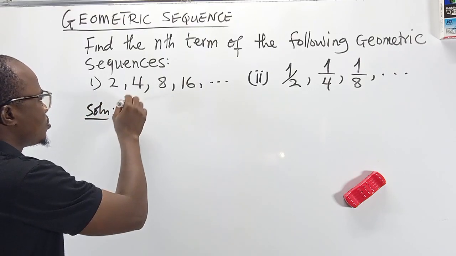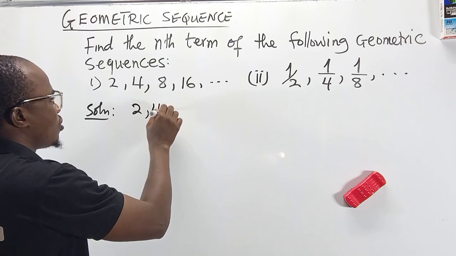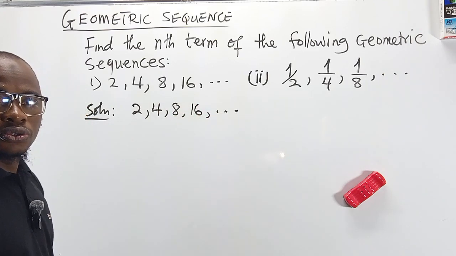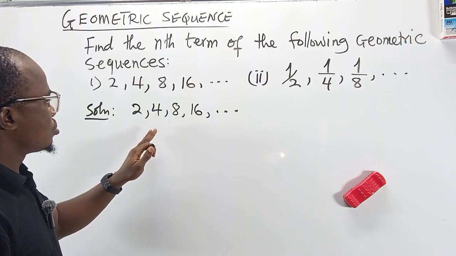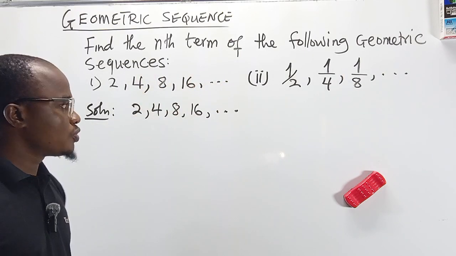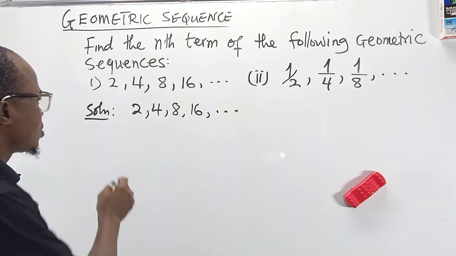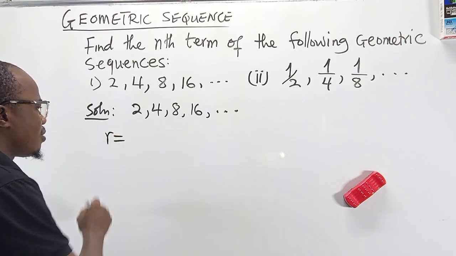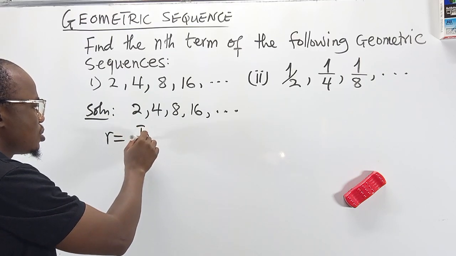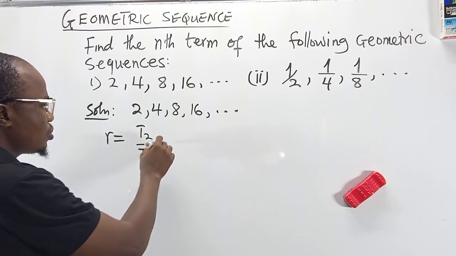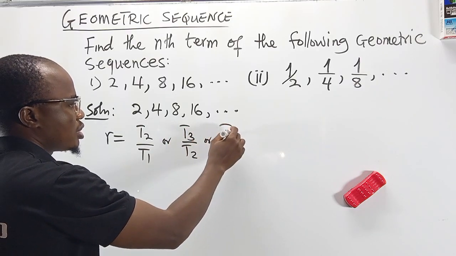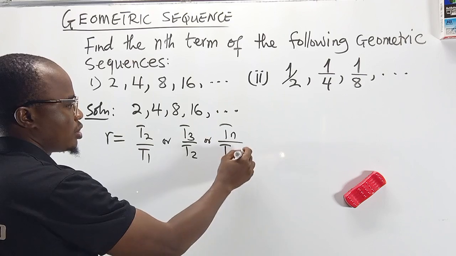Number 1, we are given this sequence 2, 4, 8, 16 and so on. So we are told that this is a geometric sequence. Okay, so if this is a geometric sequence, what do we need? We need to get our r, which is the common ratio. So the common ratio here is T2 over T1, or T3 over T2, or Tn divided by Tn minus 1.